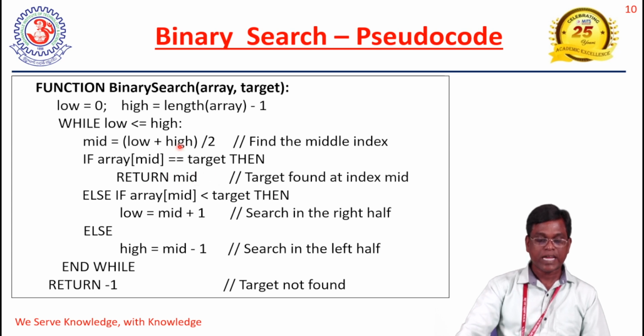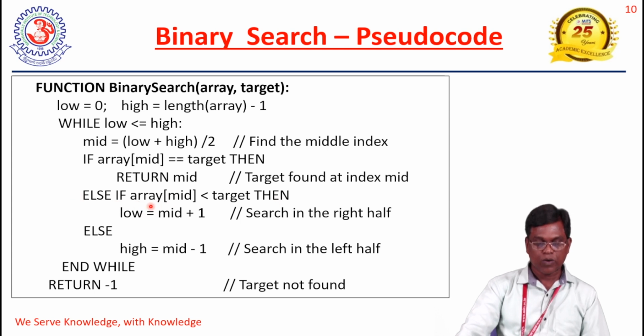Suppose this condition fails, then it is an indication that the element may be available in the lower half or the higher half of the elements. So in the next iteration, we are going to modify the pointers low and high based on whether the target element is available in the lower half or the higher half. The second condition comes here.